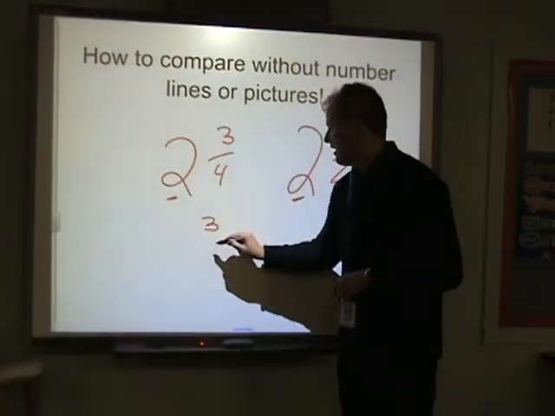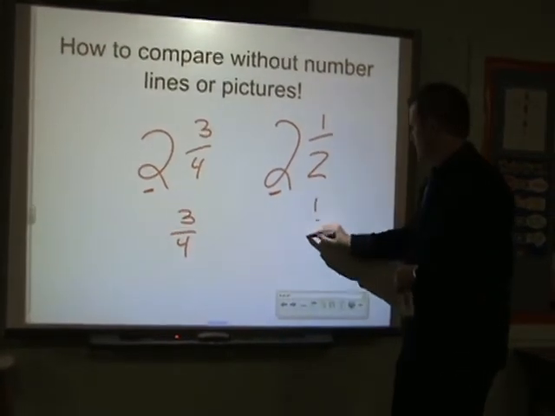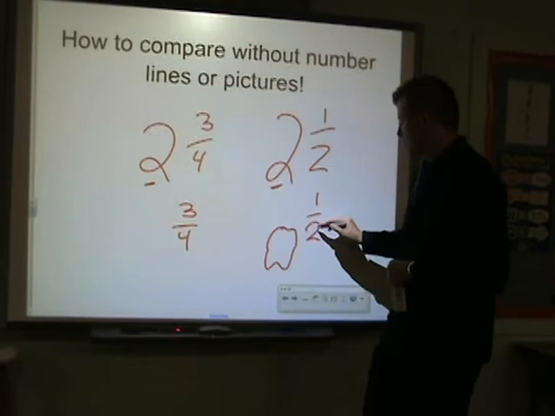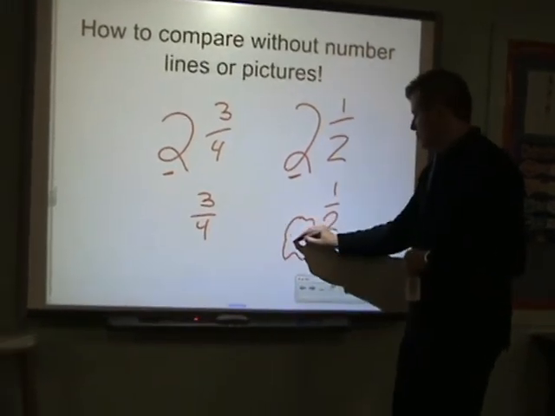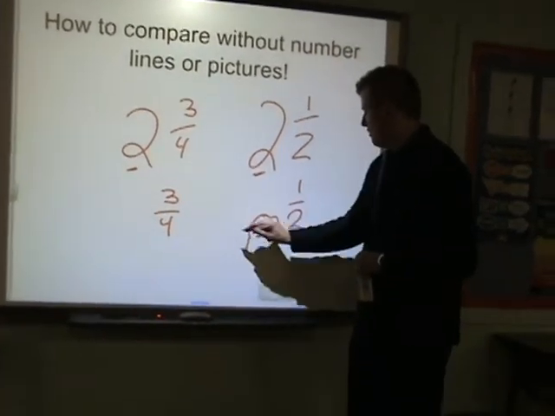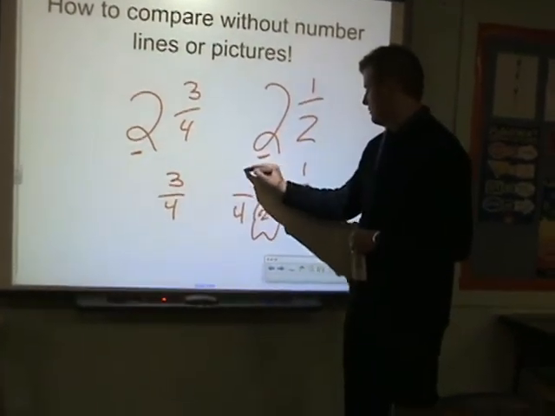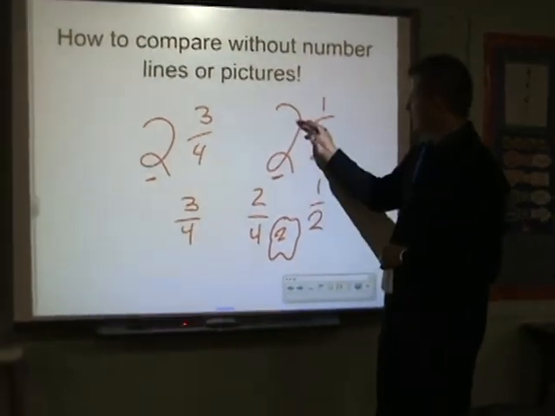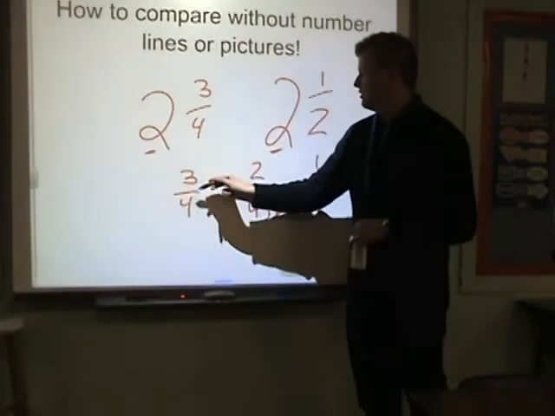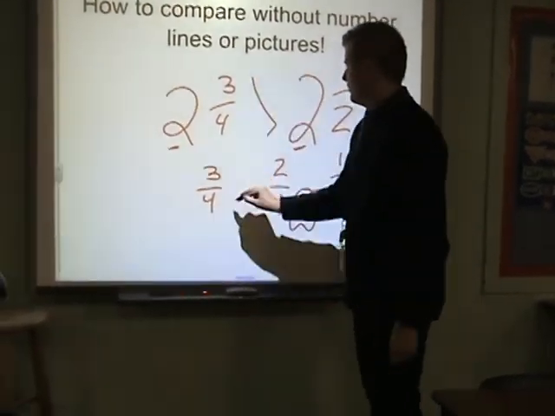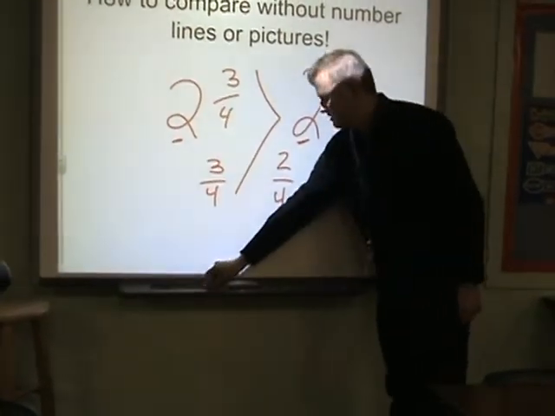We can just compare 3/4 and 1/2. And in this case, I'm going to find my magic number because I know that 2 goes into 4 2 times. So 2 times 2 is 4. 1 times 2 is 2. So really I'm looking at 2 2/4 and 2 3/4. The 3 is bigger than the 2. So I know that 2 3/4 is greater than 2 1/2.